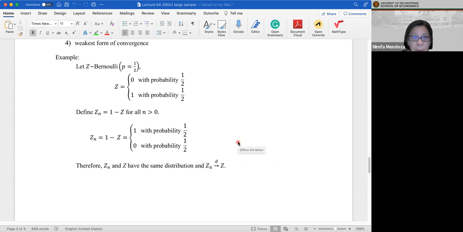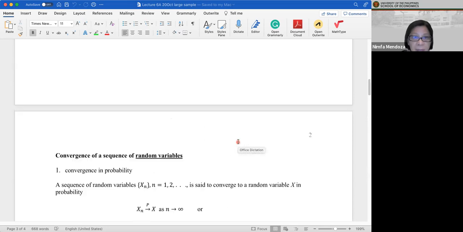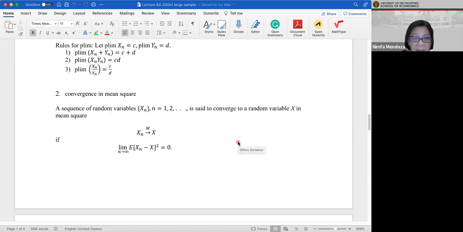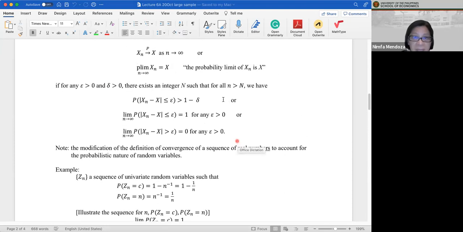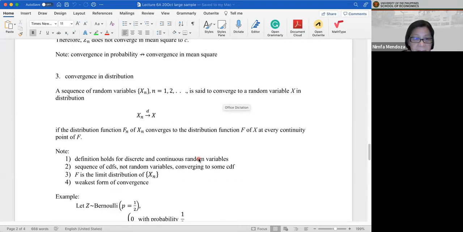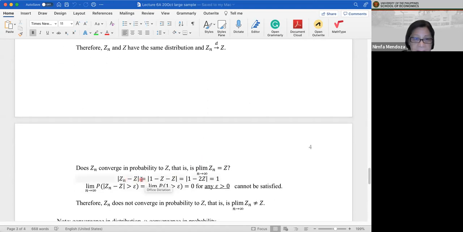So we have convergence in probability, so we have to use this definition. Now we look at the distance between Z sub n and Z.